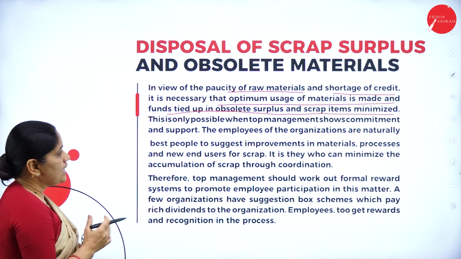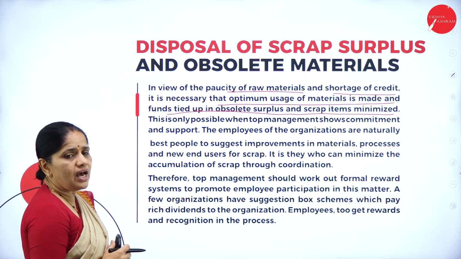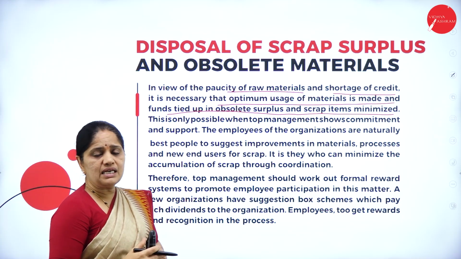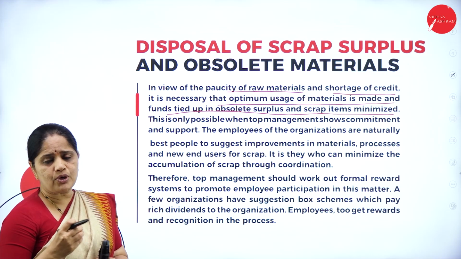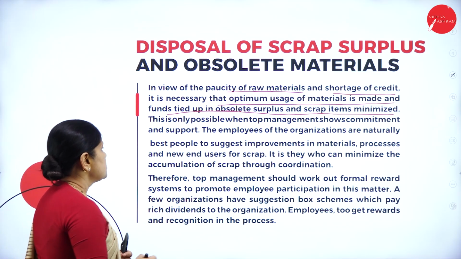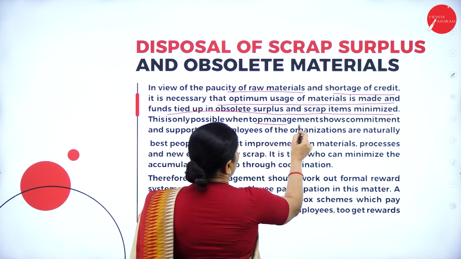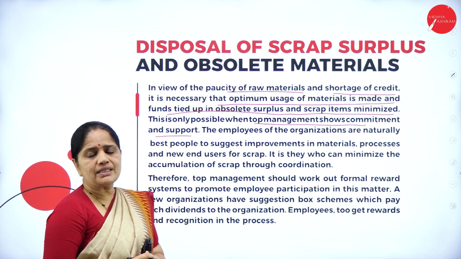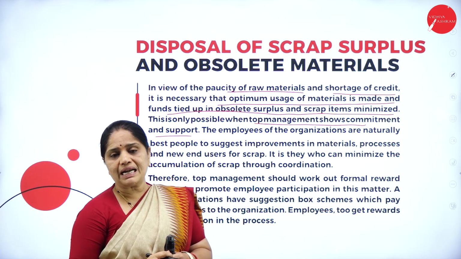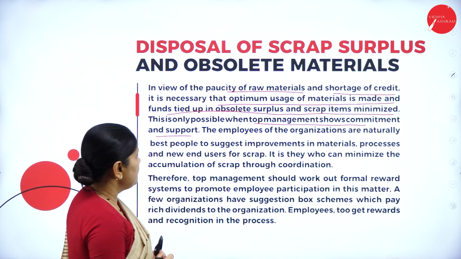So try as far as possible not to have obsolete, surplus and scrap items. We should see that they are minimized. This is only possible when top management shows commitment and support.